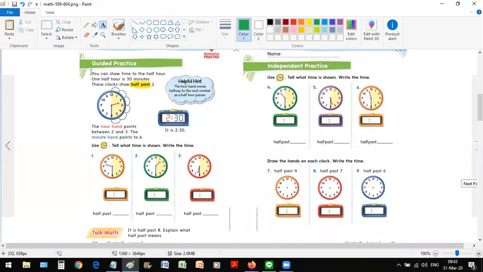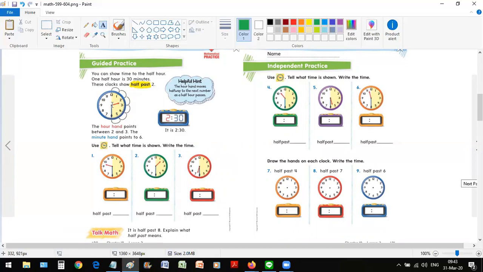You can show time to the half hour. 1/2 hour is 30 minutes. These clocks show 2:30. Okay, 2:30 means that the hour hand points between 2 and 3.